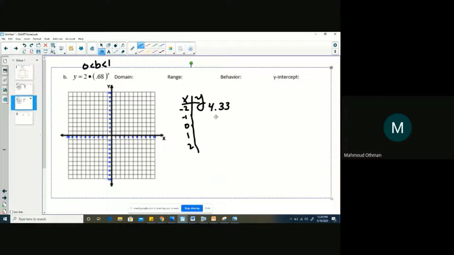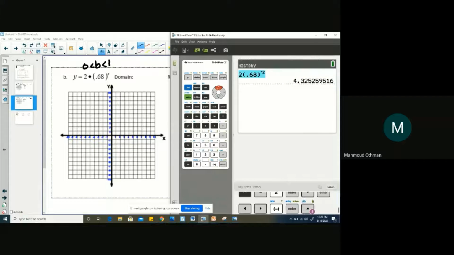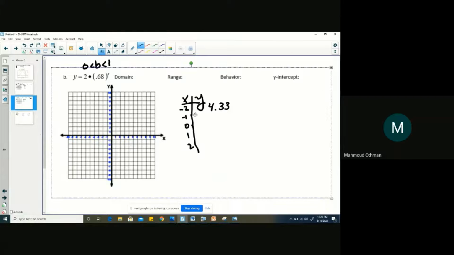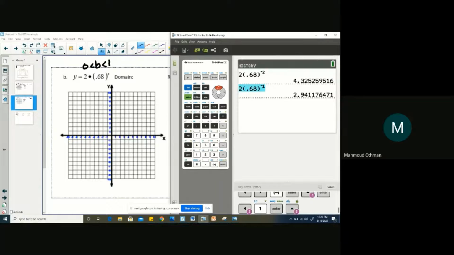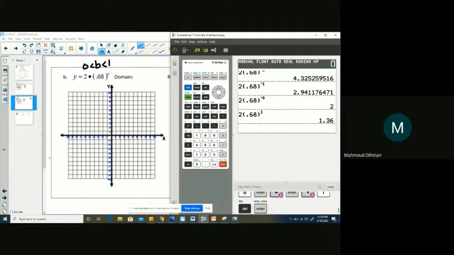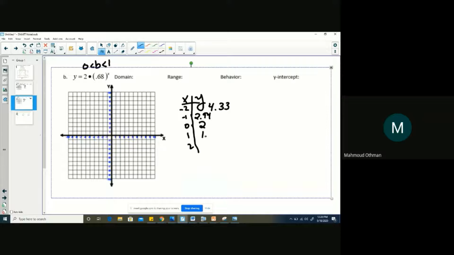4.33, 1, 2.94. 0 is going to be 2. As you can tell, the values are getting smaller. 1, 1.36.